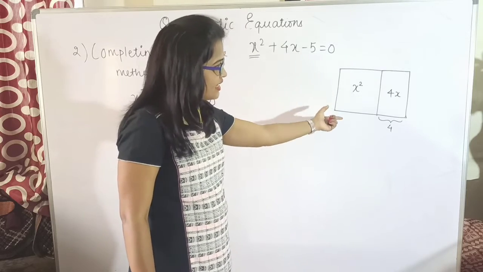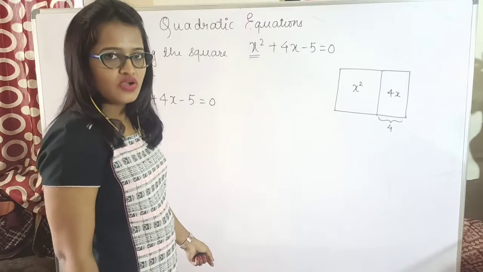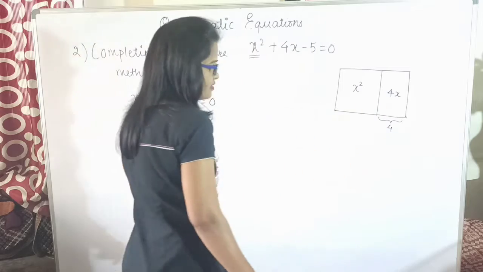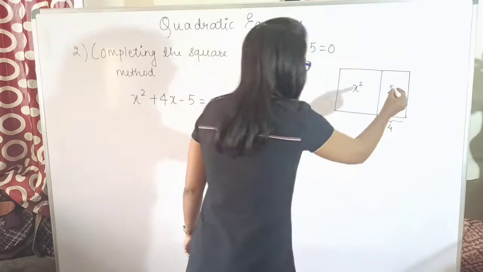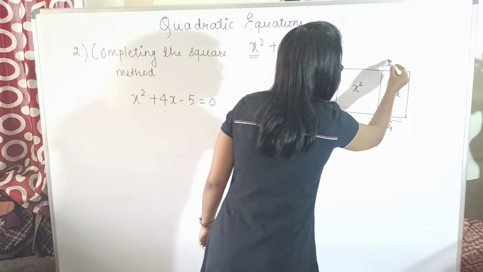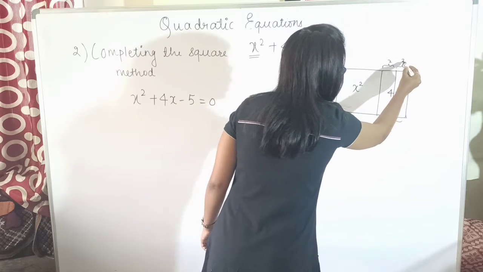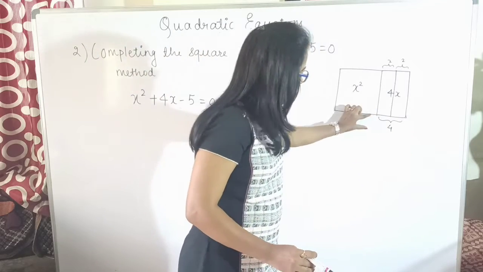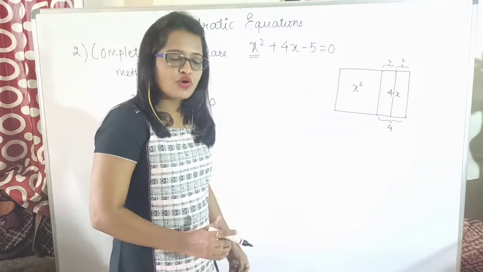Now I cannot directly subtract it out here. What I can do, instead of drawing a rectangle of 4x, let us divide it into two equal parts. So this will be 2 unit and again this will be 2 unit. I will remove this part and I will add it on the bottom side.